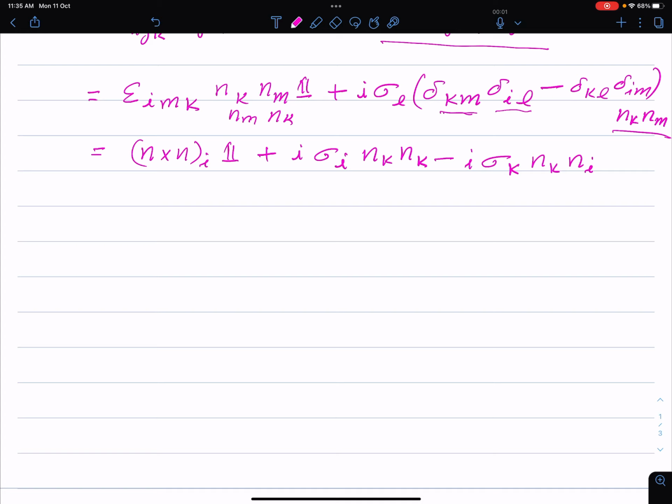So this first term you have already seen that it is 0, plus nk nk is basically n dot n. Since n is a unit vector, this term will become 1. So I get i sigma i alone, minus, so you have this term sigma k nk, that is sigma dot n.